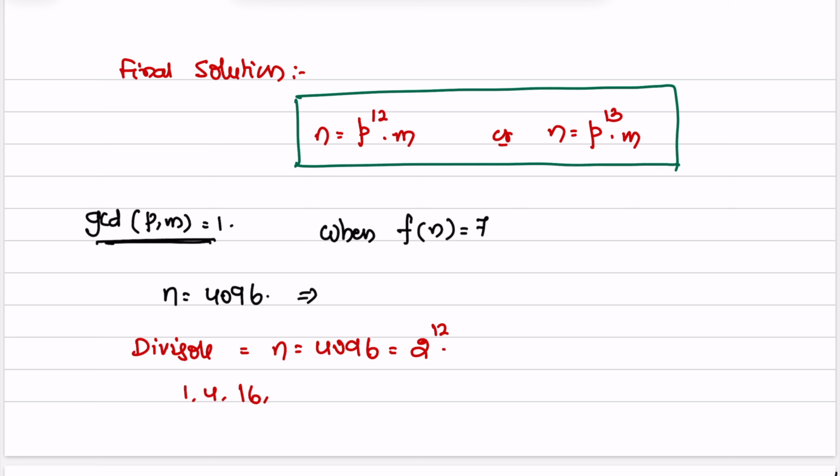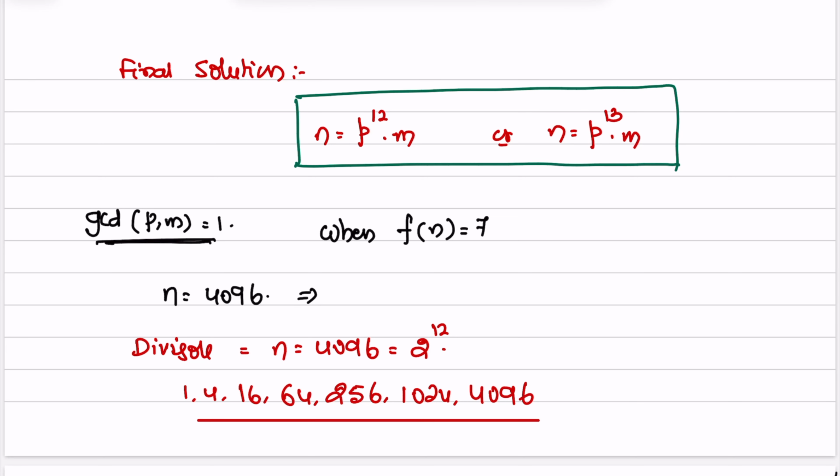In between we have many divisors, we neglect those. 1, 4, 16, 64 is a perfect square, 256 is a perfect square, 1024 is a perfect square, and 4096 is itself a perfect square. How many are there? 1, 2, 3, 4, 5, 6, 7. Here Fn is given as 7.